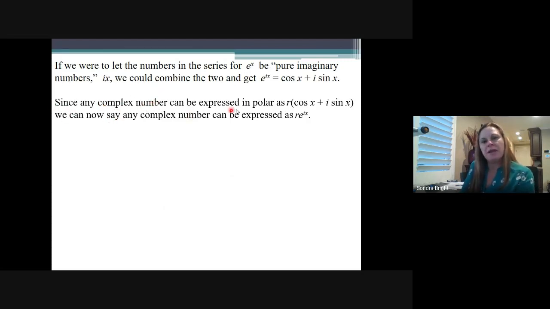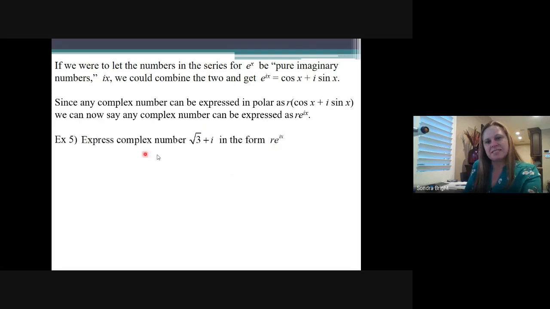Since any complex number can be written in polar form as r times cosine of x plus i times sine of x, and since cosine of x plus i times sine of x is e to the power of ix, then this is equivalent to r times e to the power of ix. Isn't that nice?